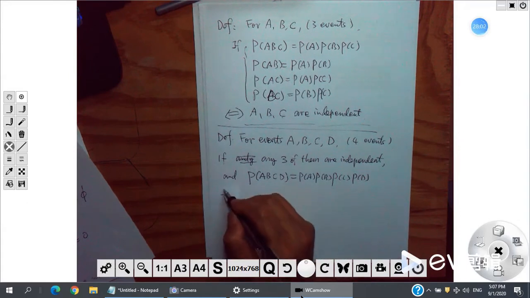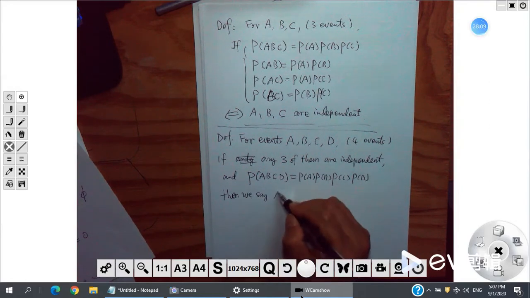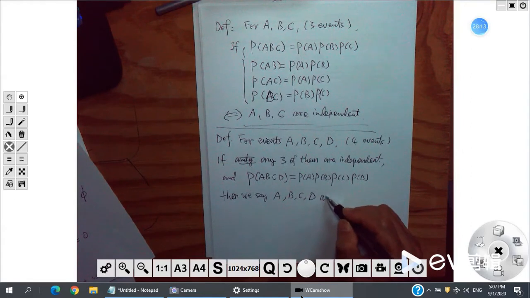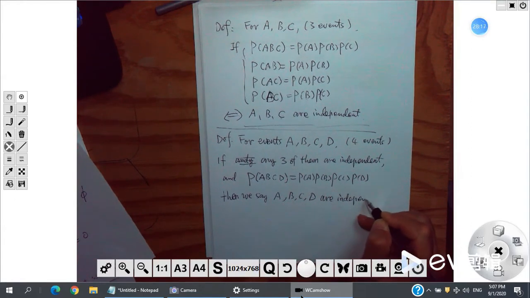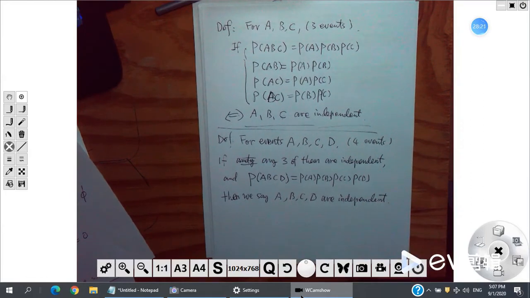Then we say A, B, C, D, they are independent. Alright, yeah. So this is independence of events.